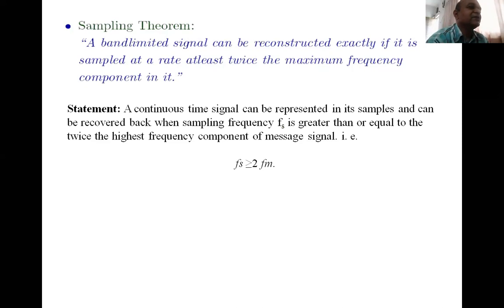Here the message signal frequency is represented as fm, and the sampling frequency is represented as fs. So the condition is that fs should be greater than or equal to twice fm. Then and only then you can say the sampled signal will be achieved, or you will get the discrete time signals.